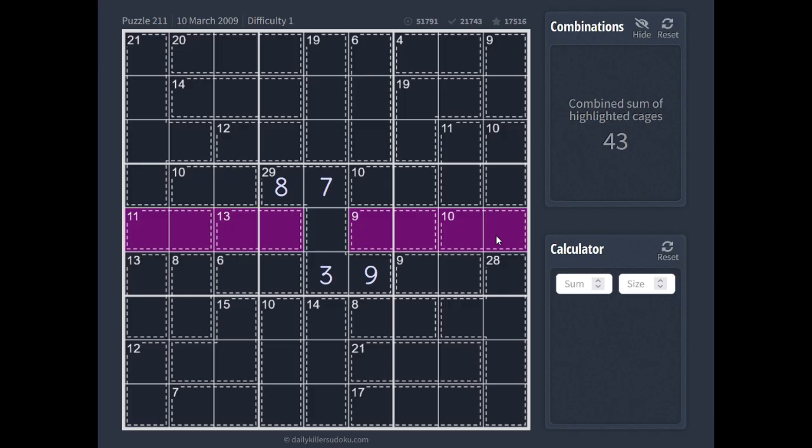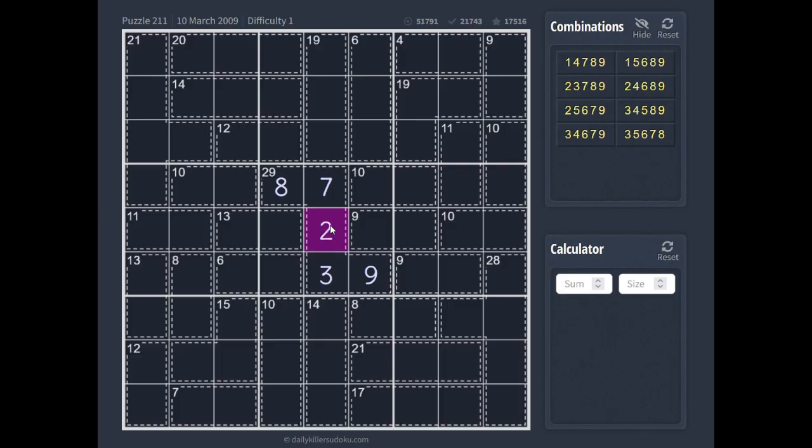A single row is always going to sum up to 45, so we know that this is a 2. So there we got. We've filled in all the correct candidates for this 29 cage, and we never even looked at any cages or their values.